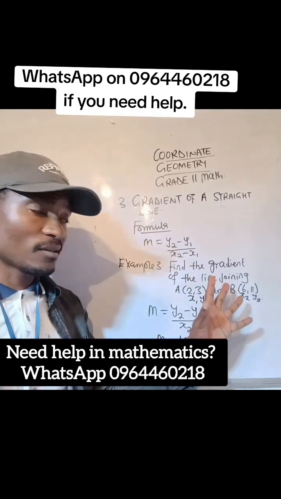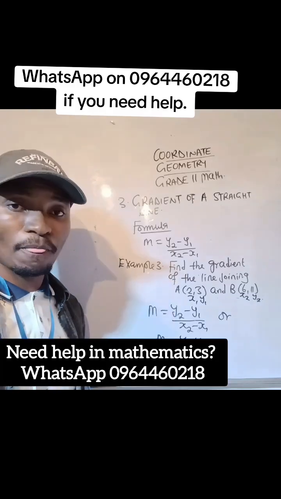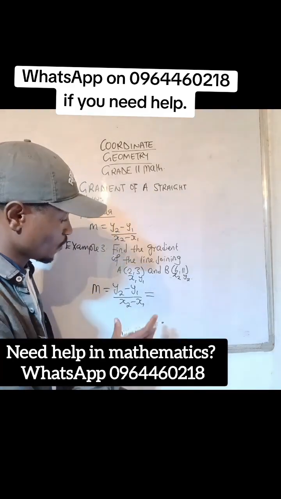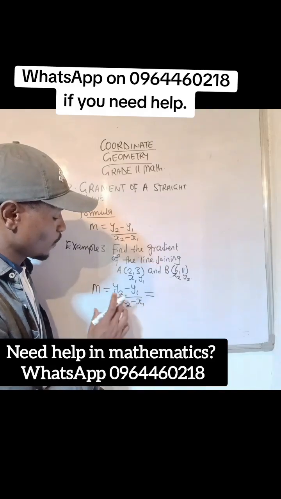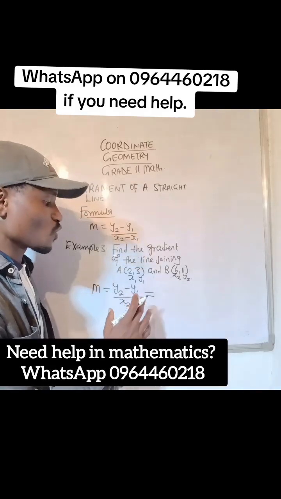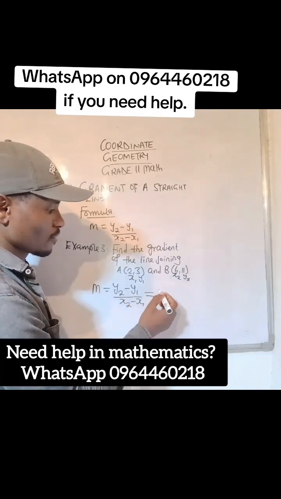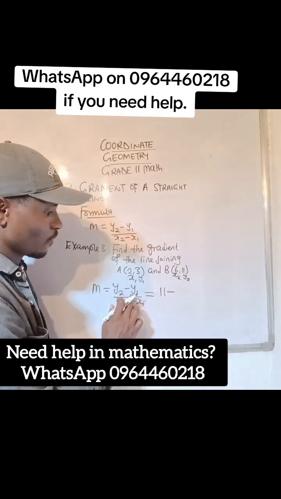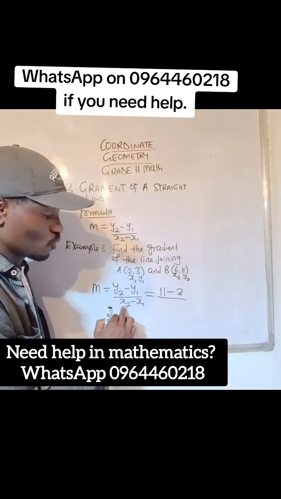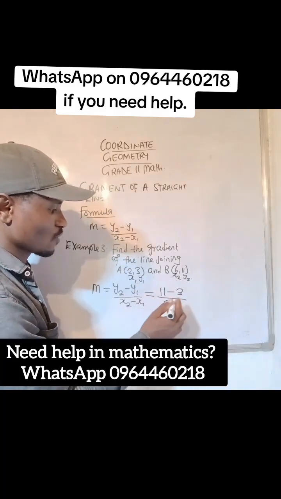Now let us finally answer the question. Let's find the gradient. In this case, we have our actual gradient, which is y2 minus y1 over x2 minus x1. So our y2 is 11, so 11 minus our y1, which is 3, over our x2, which is 6, minus our x1, which is 2.